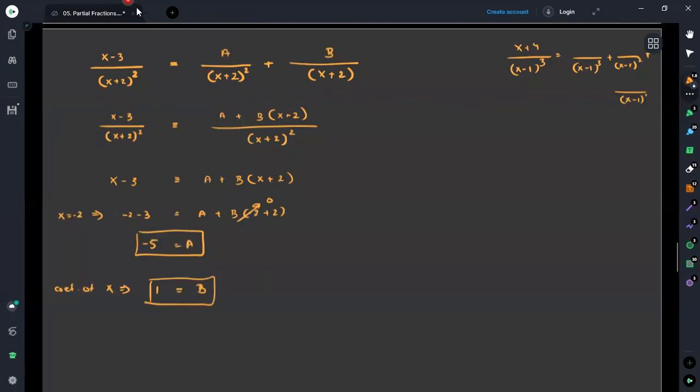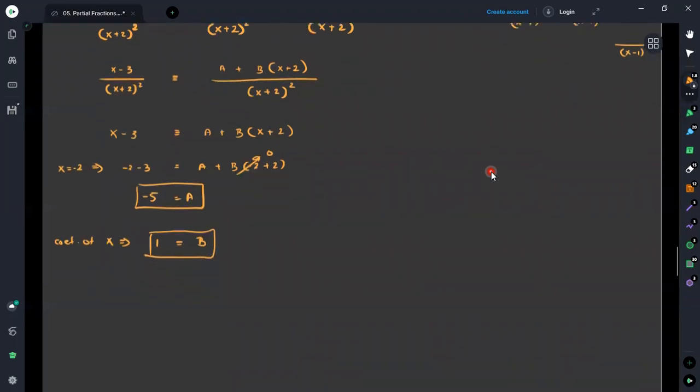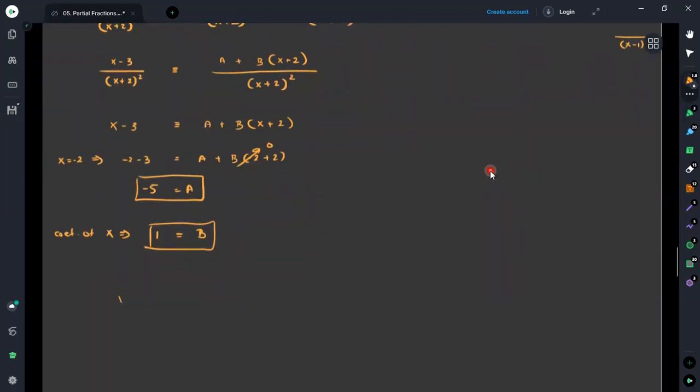Now we can consider this decomposing into partial fractions. Here we can take it as x minus 3 over x plus 2 squared equals to, we have started from the highest order power, then x plus 2, and the value of b was 1 and the value of a was minus 5.